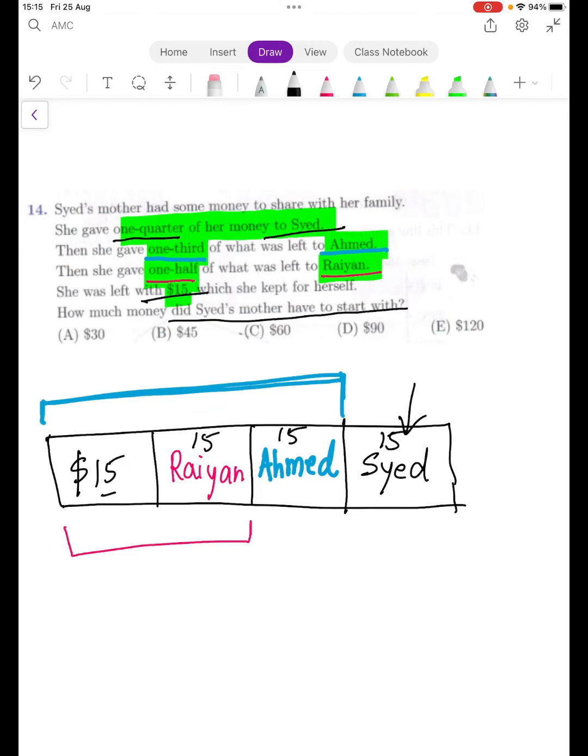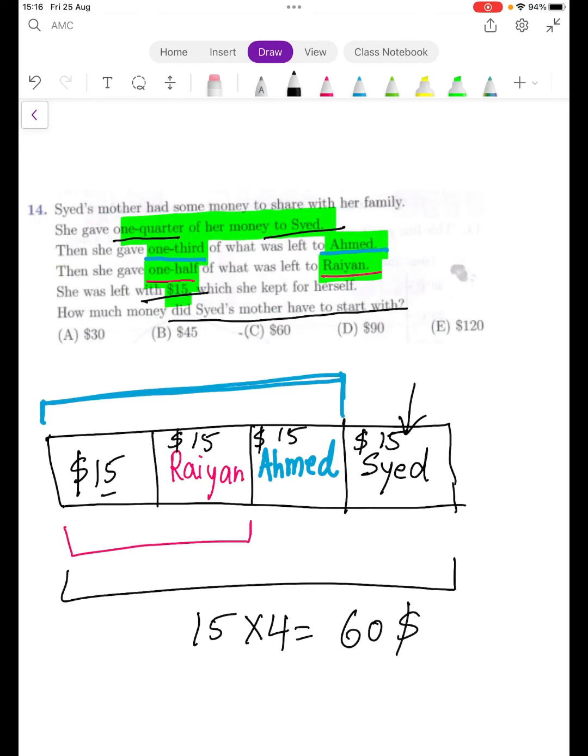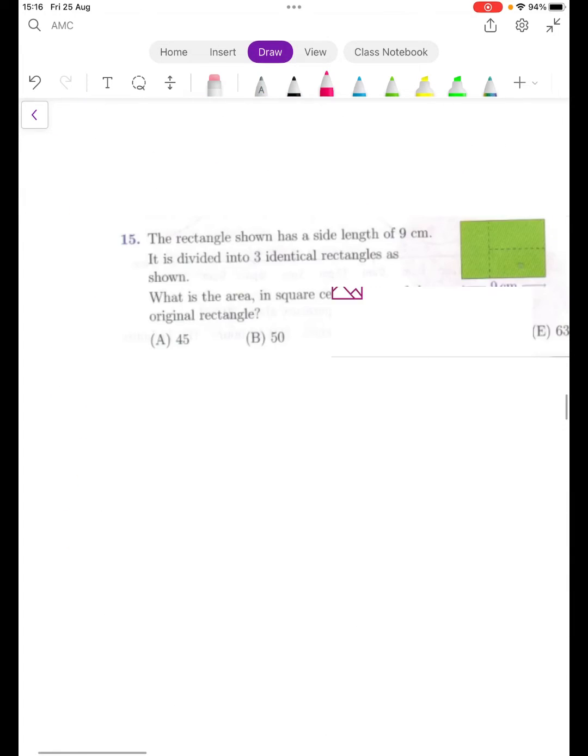So if this is 15, this is 15, this is 15, everybody got $15 each, including the mother. So at the beginning we had 15 times 4, which is 60. So she started with $60. The answer is C.